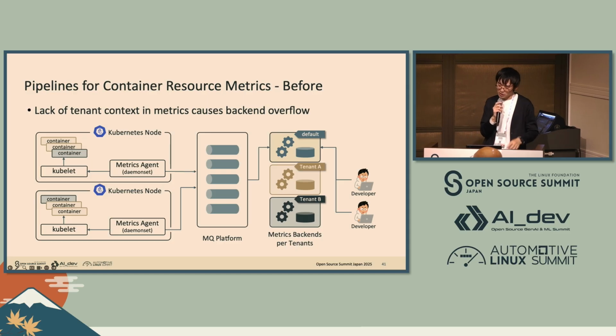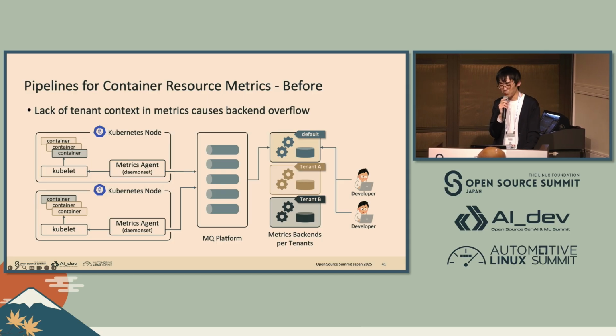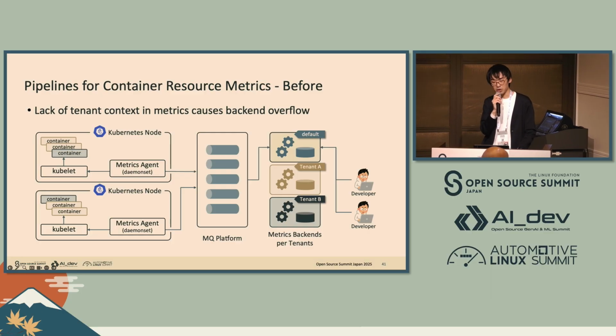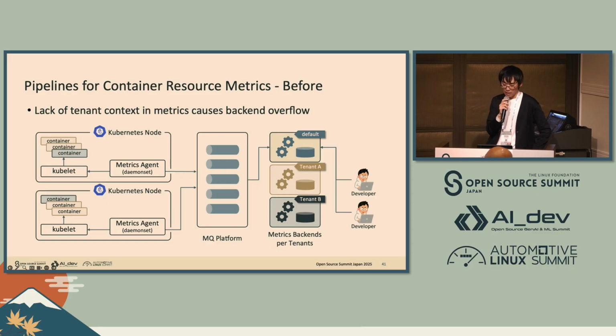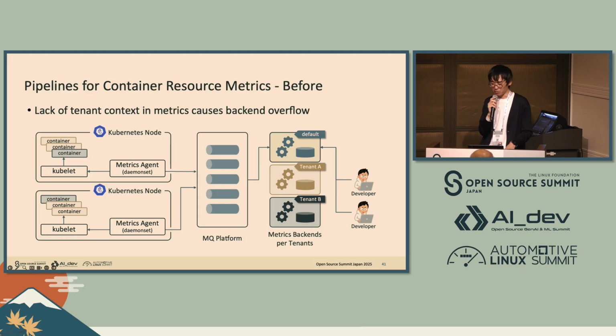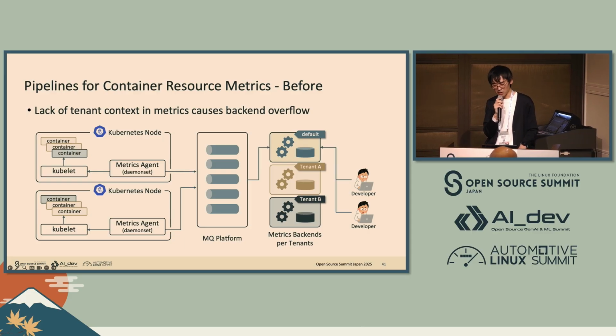The basic structure for our matrix pipeline consists of agents running on a Kubernetes cluster, a message queue that faces those agents, and a backend behind it. The backend includes some components such as time series databases and query engines, which store the metrics and allow developers to access them.